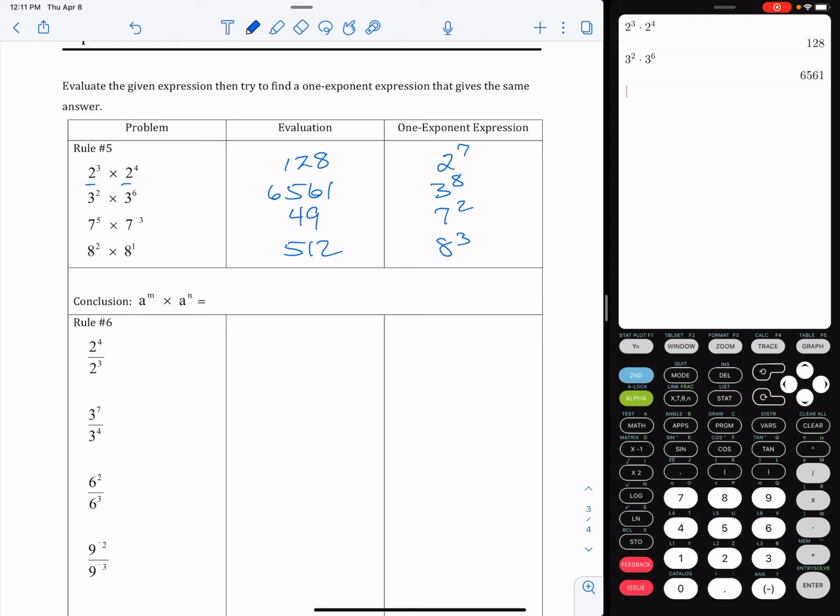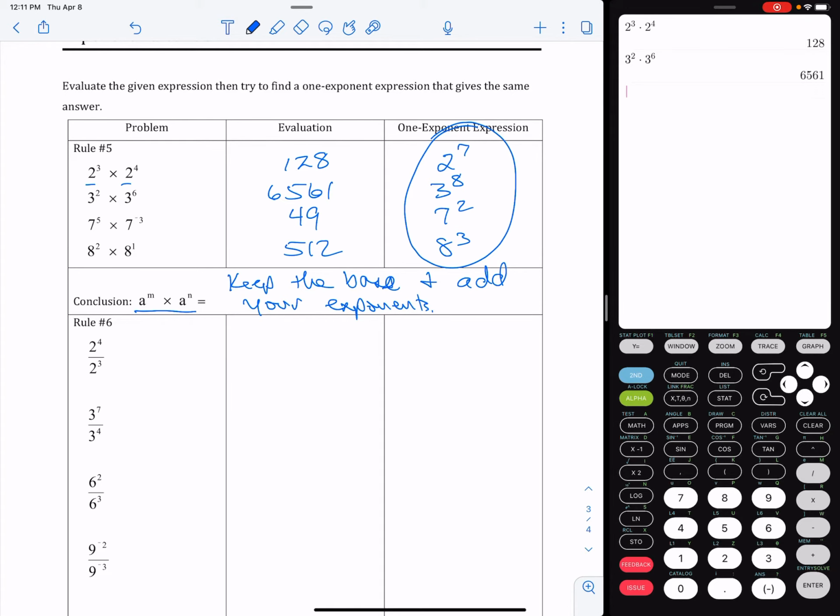What I really want to know for your conclusion is how do I create this single exponent expression? So your conclusion is, if you have a problem like this, you're going to keep the base and add your exponents.